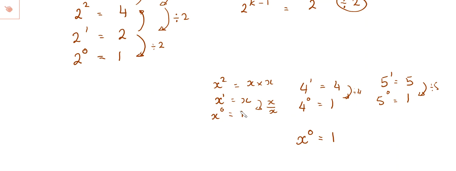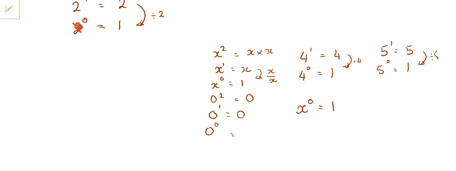There is only one integer that's a problem. 0. 0 to the power of 0. Why is that a problem? Because 0 to the power of 1 is 0, 0 to the power of 2 is 0, 0 to the power of 0 is... Right, there's the problem, isn't it?